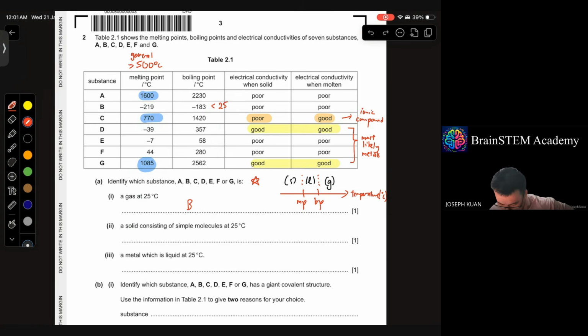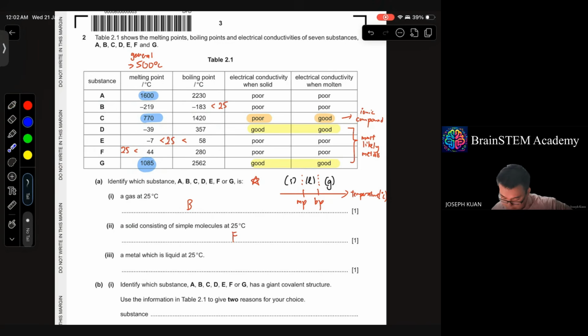And then this one is a gas, B is a gas, right? So EF, okay, EF, but E is a liquid, okay, 25 is between the melting point and boiling point. It's F, okay, because 25 is below the melting point. So the answer is F, okay?